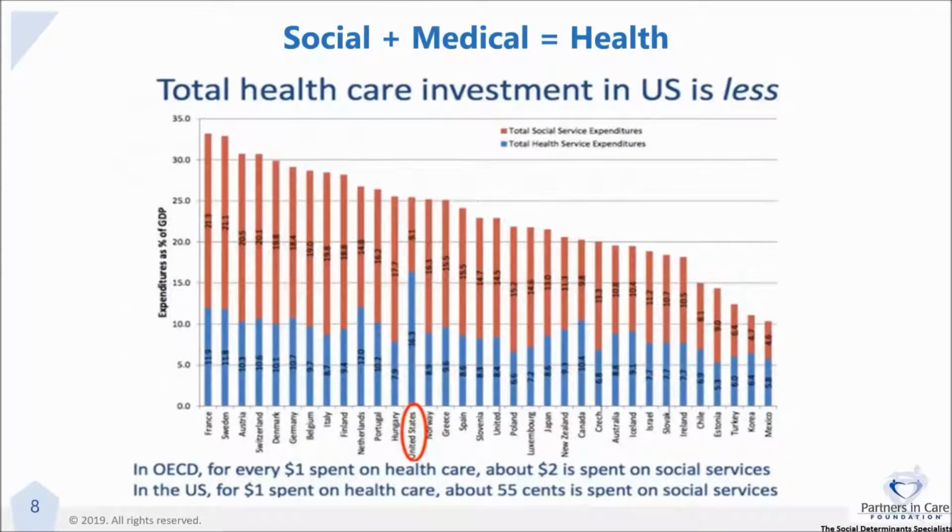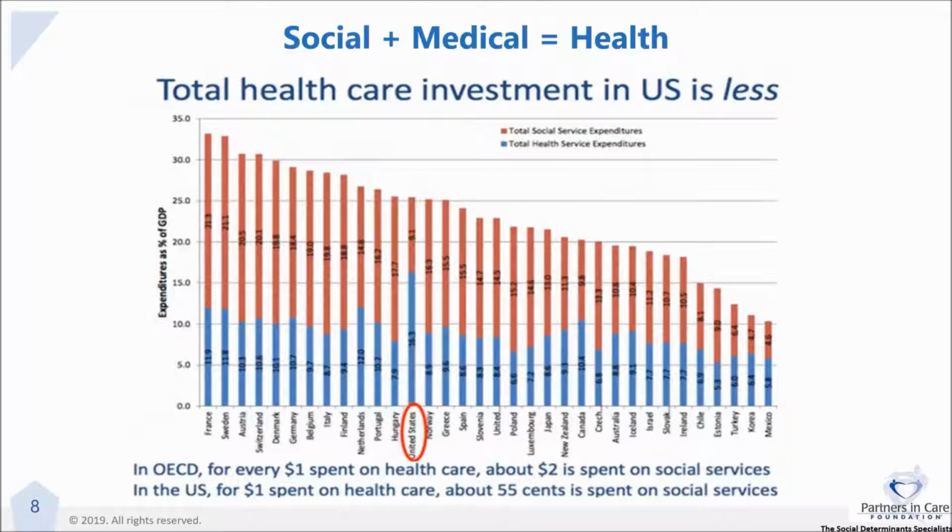This slide is really one of my favorite all-time slides because it shows the red lines on this slide are expenditures on social services by country, and the blue is expenditures on clinical care.